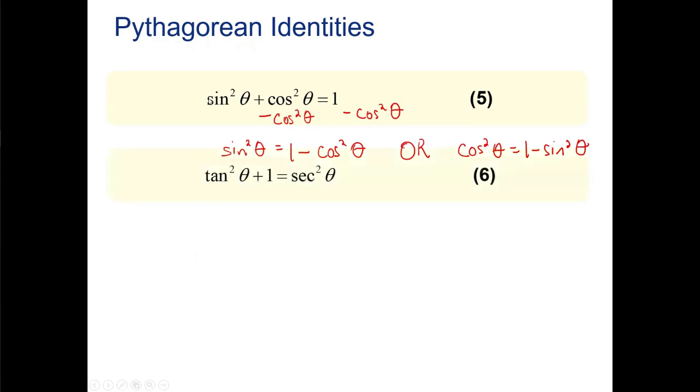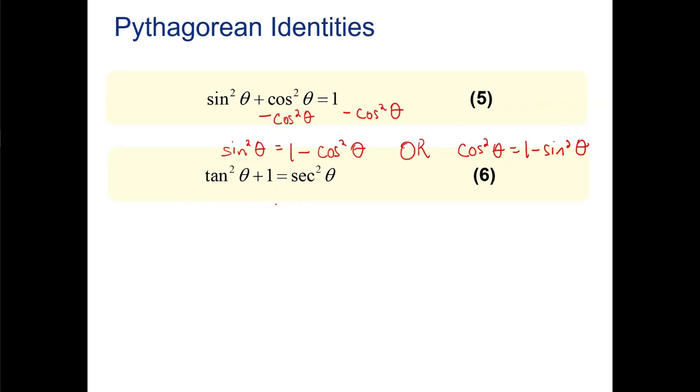Okay, so these are called the Pythagorean identities because when we look at a triangle, we'll see that these endpoints on the circle relate to right triangles. But for now, we just know that the equation of a circle makes these hold up. And so if I have tangent squared of theta plus 1, I get secant squared of theta.